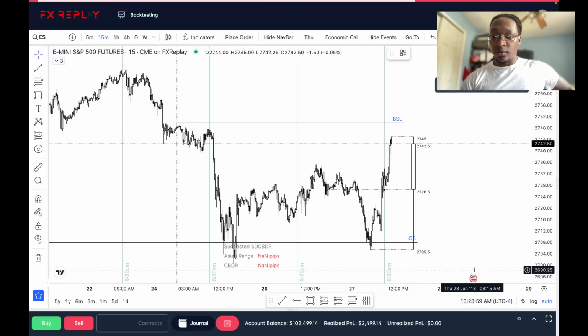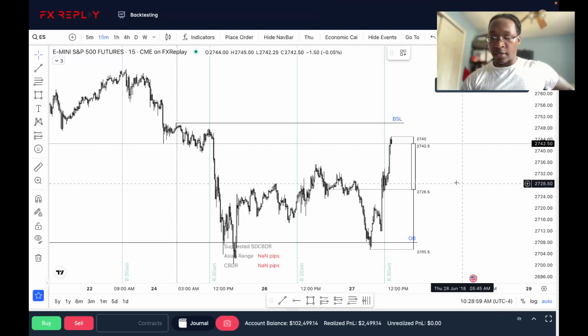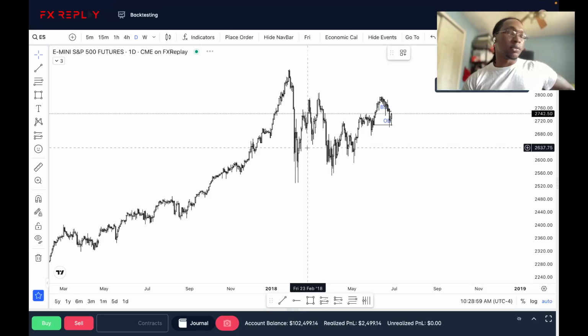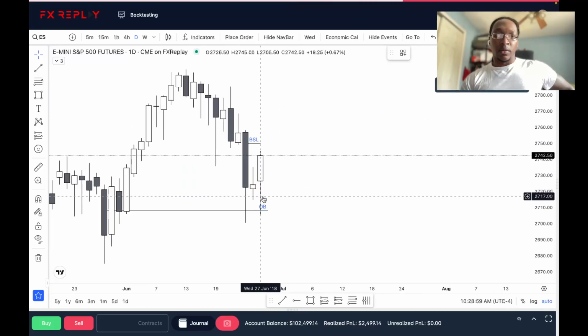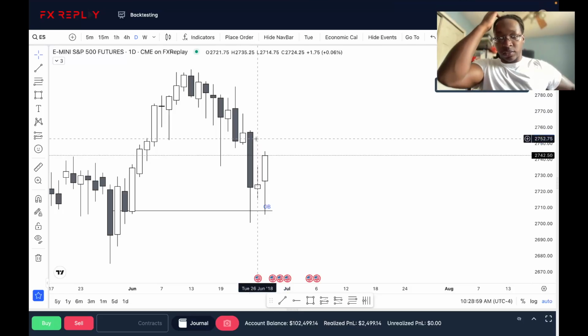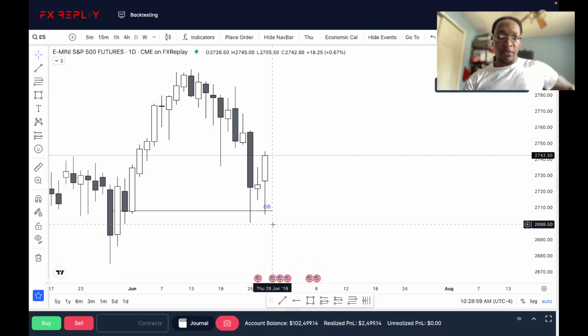So we have news on Thursday at 8:30. So let me go to my daily chart, see what we're doing up here. So this is what I think would happen because we have relative equal lows down here.